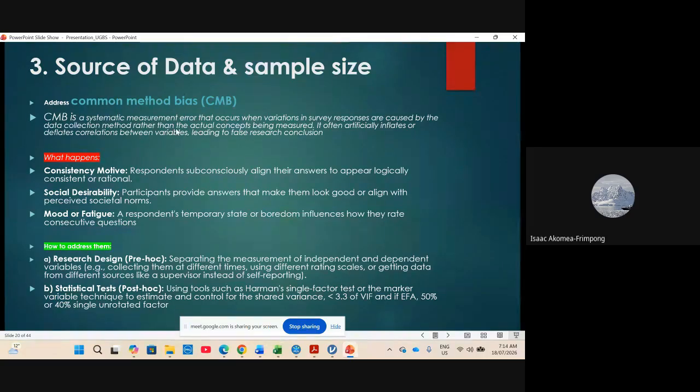So the data collection method, rather than the actual concept being measured, often artificially inflates or deflates correlation between variables, leading to false research conclusions. What leads to this? When respondents subconsciously align their answers to appear logically consistent or rational.